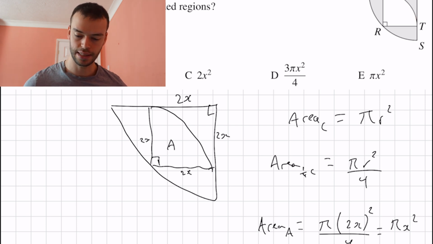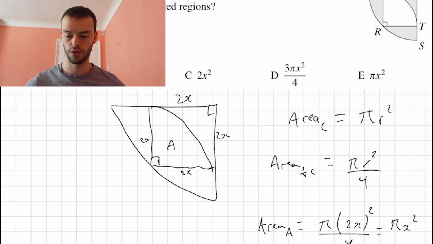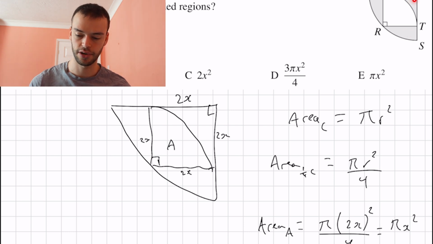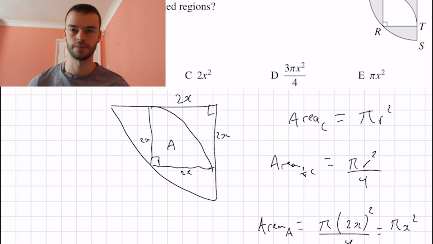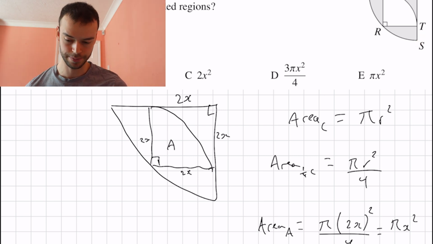Now let's find the area of this big quarter circle, because then we can subtract this quarter circle area from this big quarter circle area to find the area of the shaded regions. The problem is we need to know the radius of this quarter circle, which is a bit harder.